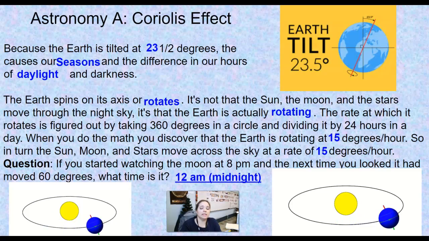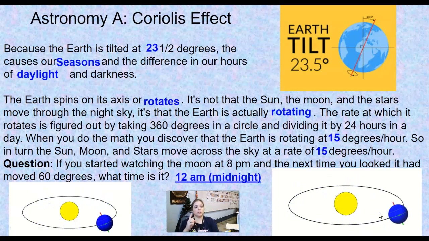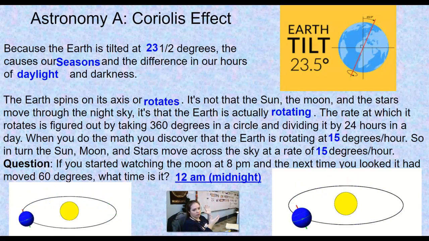One thing I did want to note is the reason why we see different constellations throughout the year is because we revolve around the sun. So when we rotate, it looks like the stars and the moon and everything are moving. During the day, it looks like the sun is moving, when in fact we're going 15 degrees per hour.